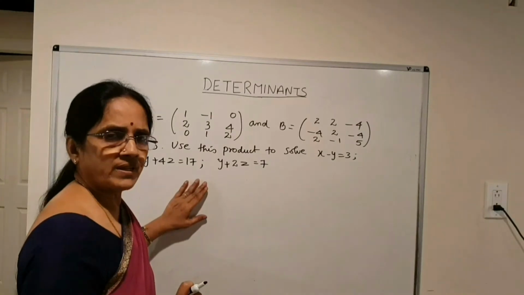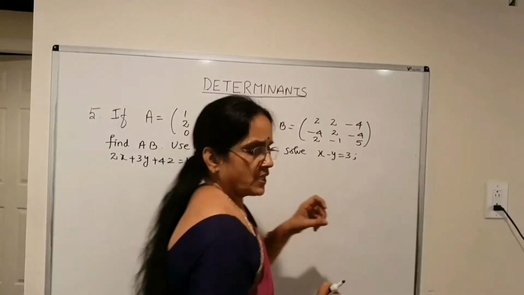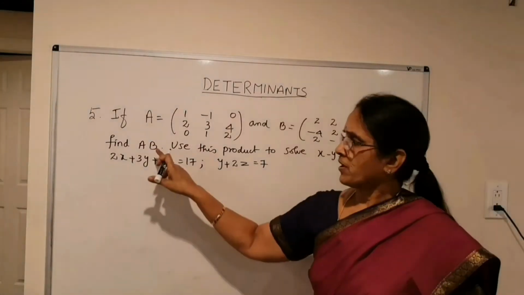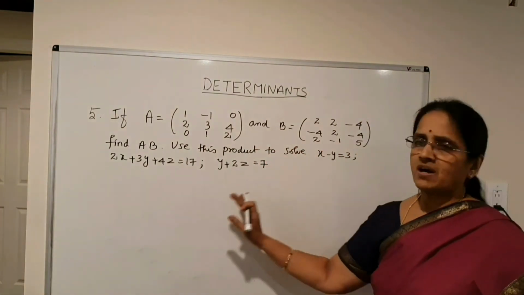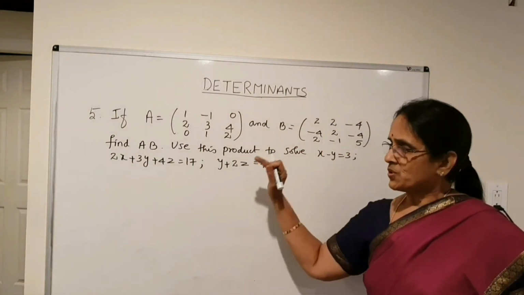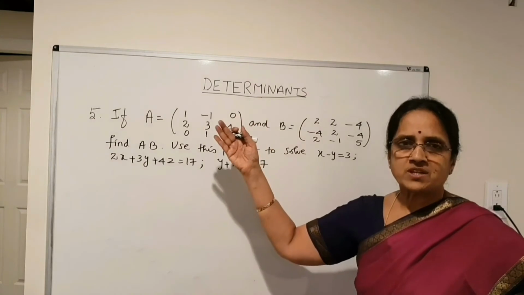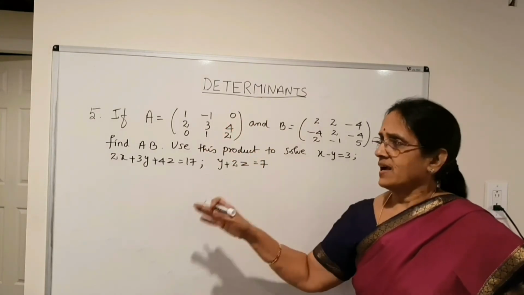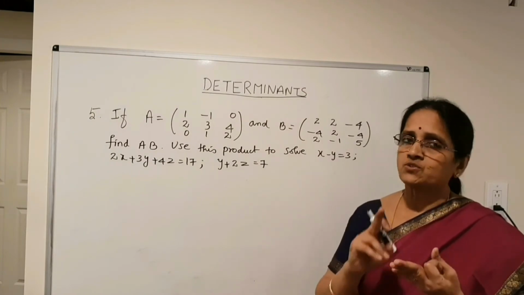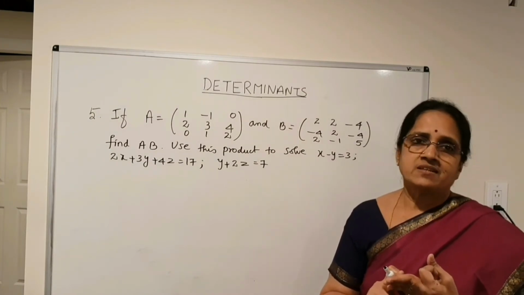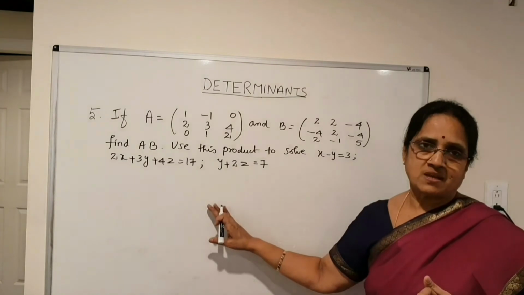Here you have been given the matrix A as well as the matrix B. You need to find the product AB, and using that product, solve the system of equations. This question is similar to the previous question we did in today's class, and this question was asked again in 2010, 2012 and also in 2017.